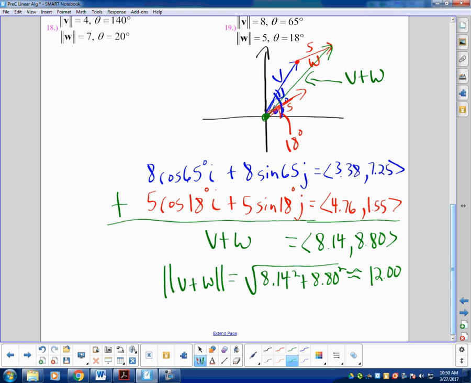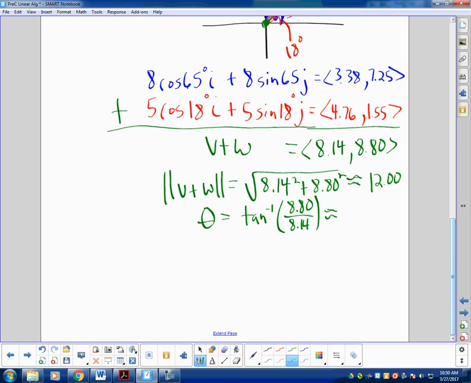And then theta is approximately equal to inverse tangent of the b component divided by the a component. So theta equals inverse tangent of 8.80 over 8.14, and I got about 47.23 degrees.